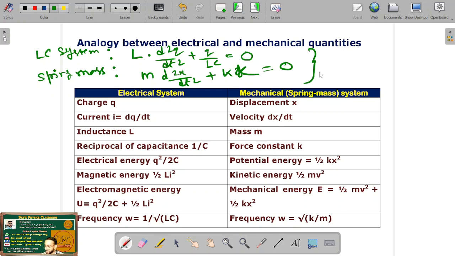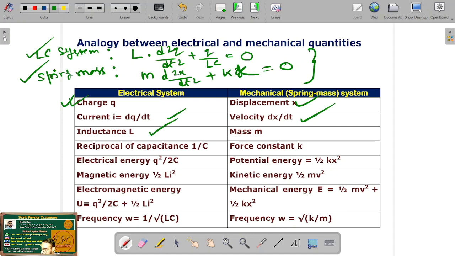From these two equations, we can find the analogy. The first is the electrical system, the second, the spring mass system, is the mechanical system. Comparing both, we find that charge in the electrical system is analogous to displacement in the mechanical system. Similarly, current i of the electrical system is analogous to velocity.